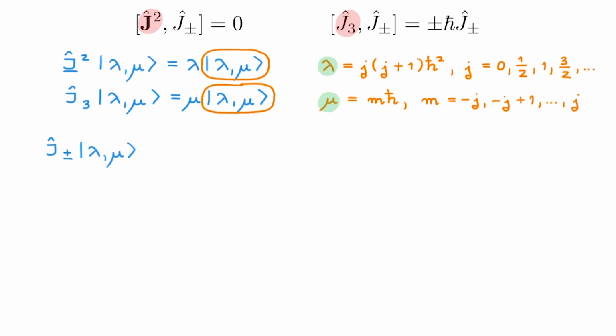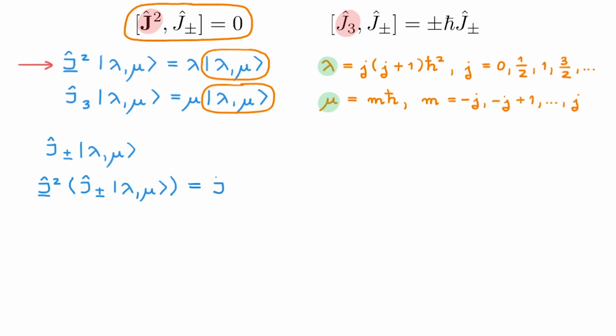The first result we consider is that if lambda mu is an eigenstate of J squared with eigenvalue lambda, then this new state is also an eigenstate of J squared with the same eigenvalue. To see this, let's act with J squared on this state. As J squared commutes with both J plus and J minus, we can exchange the order here and we get this.